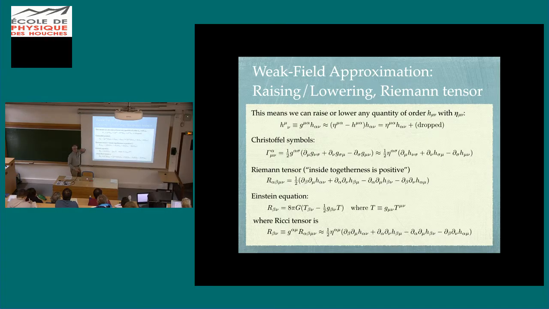Because we're dropping second order terms, like I say, if you want to raise an index, fine, but it's just the same thing as raising it with the ordinary metric, because I'm dropping terms of h squared order. I'm sorry?